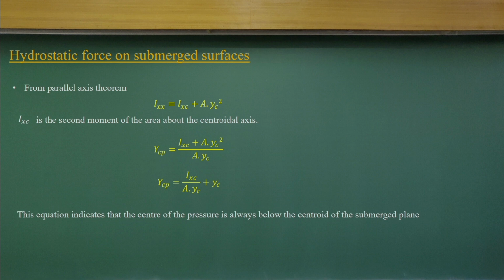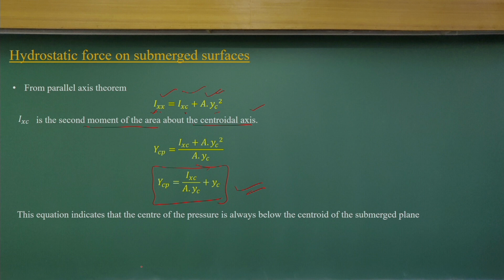Now, if you use the parallel axis theorem, which you know from solid mechanics, you can find the second moment of area about the central axis, the centroidal axis, compared to the x axis, which is YC distance away. If I use that, I finally get these equations.